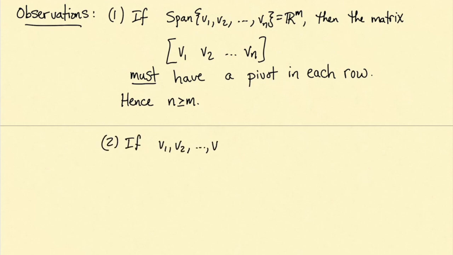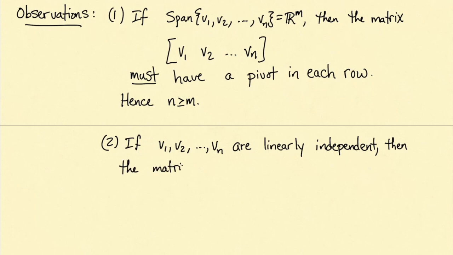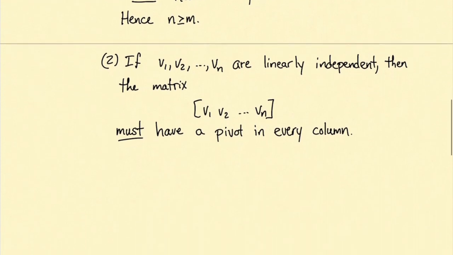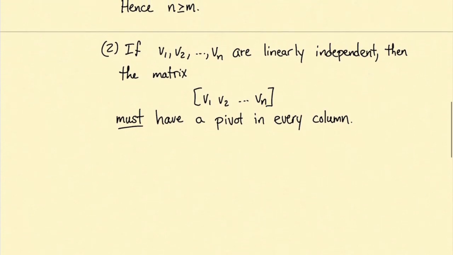Our second observation is if these vectors are linearly independent, then the matrix with columns v1 through vn must have a pivot in every column. Since we know that there are m rows and the number of pivots cannot exceed the number of rows, this tells us that the number of columns is bounded above by m.